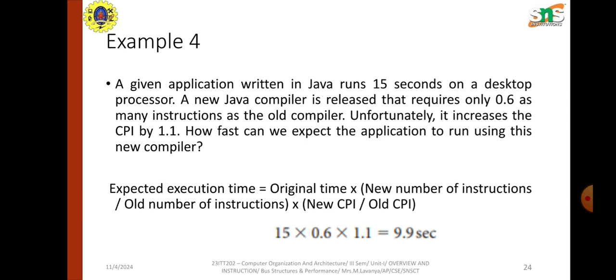So the ratio is 0.6 and the CPI is 1.1 times the old system. So 15 times 0.6 times 1.1, the result is 9.9 seconds. The expected execution time of the new Java compiler which is released will be 9.9 seconds.